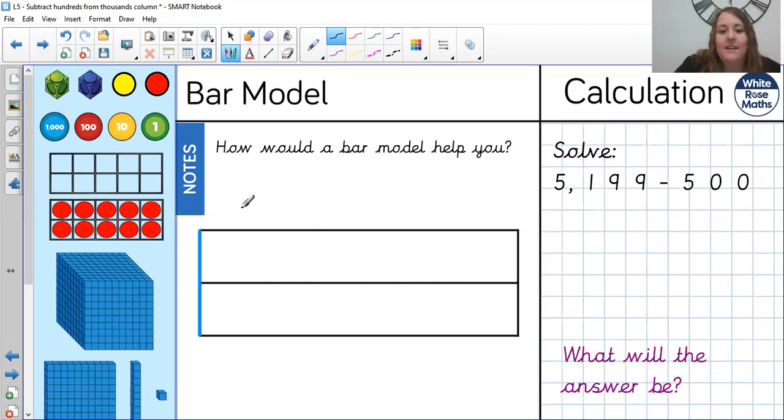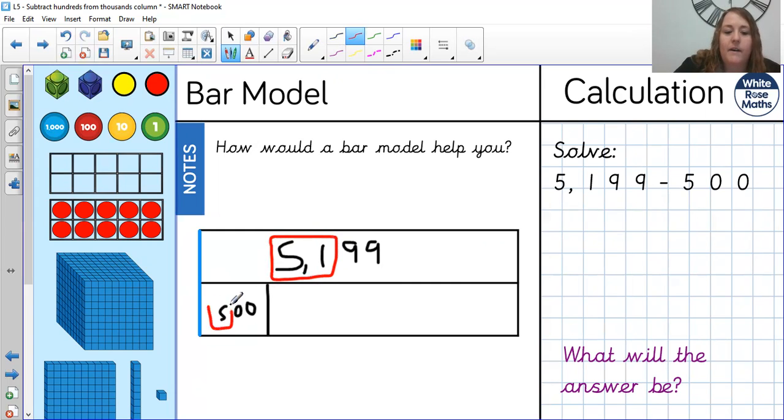Okay, you're always going to be asking me, I'm sure by now, how will we show this in a bar model? So we pop our 5,199 in the top, and we know part of that number is 500, but we don't know what the other part is yet. And again, if we can visualize that, we are looking at our 51 and we are taking away 5.